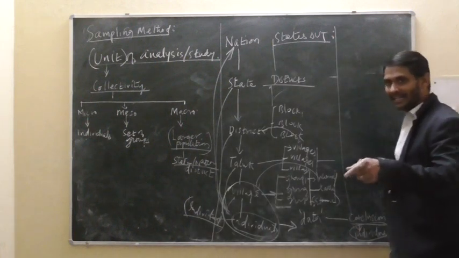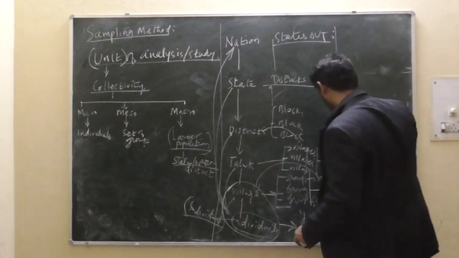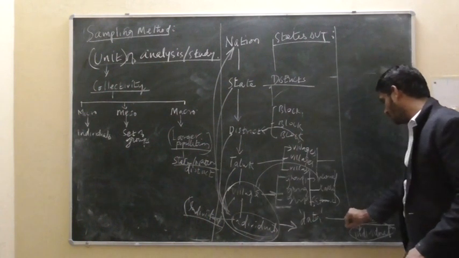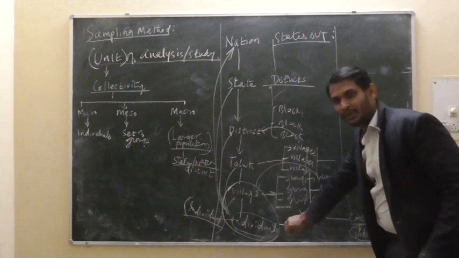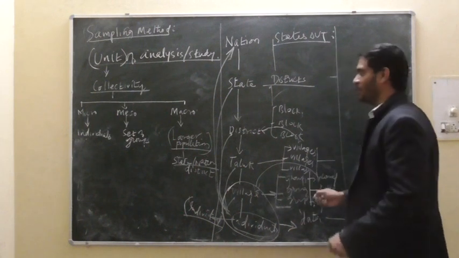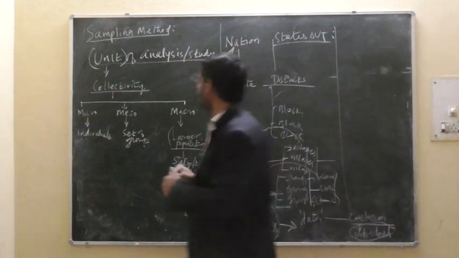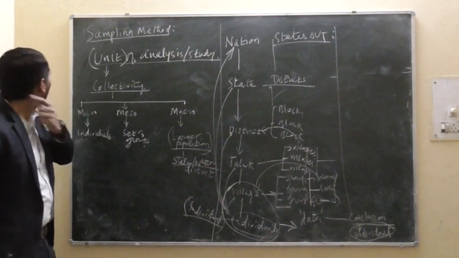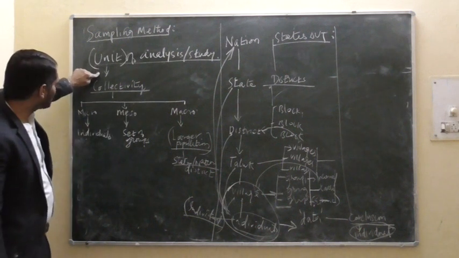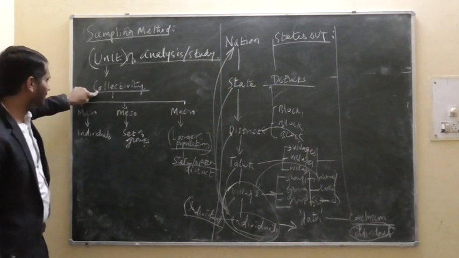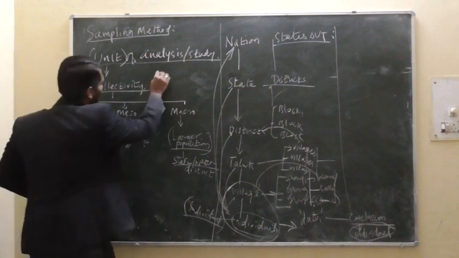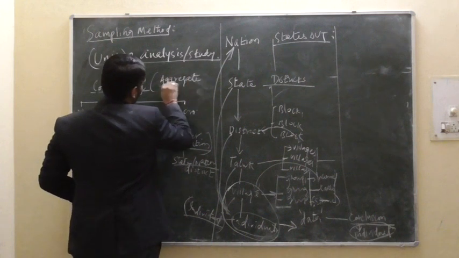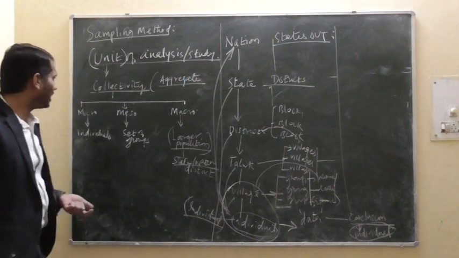So what is the data? Suppose I am collecting the data of an individual, then my data concludes the individual's point of view, not the village's point of view. So always keep in mind that the unit of analysis of your study directly refers to the point of collectivity. It's a kind of aggregate.